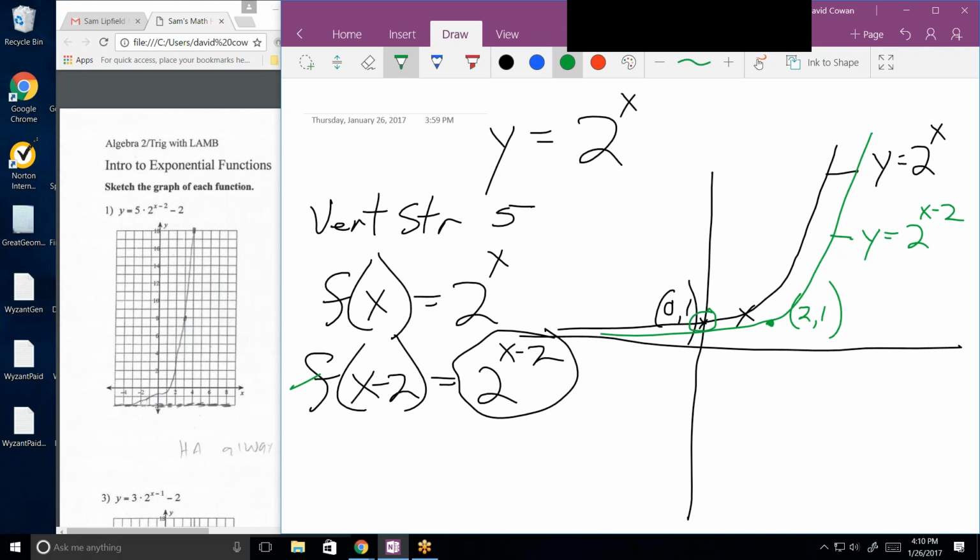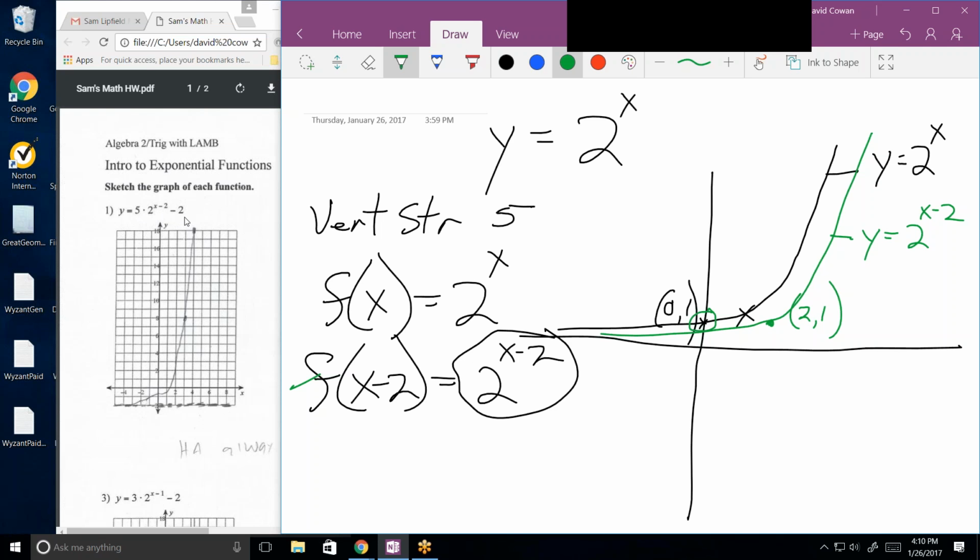With me? Yeah. Okay. Now let's take the third, minus 2. What's the consequence of that minus 2? Would it take you down 2? Yeah, it's vertical because it's outside the function being 2 to the x. So you know it's vertical, just like the 5 is a vertical adjustment because it's outside the function.